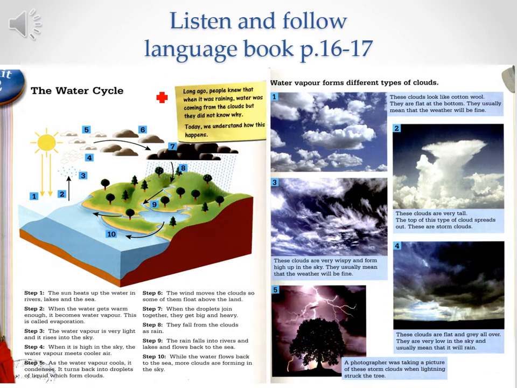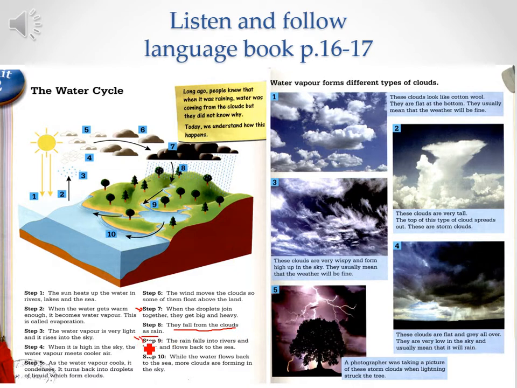Step 6. The wind moves the clouds, so some of them float above the land. Step 7. When the droplets join together, they get big and heavy. Step 8. They fall from the clouds as rain.